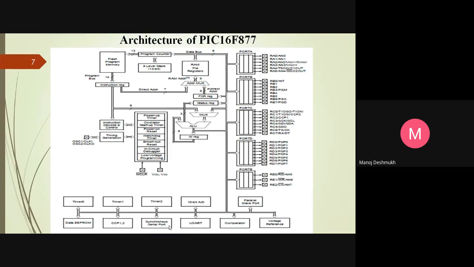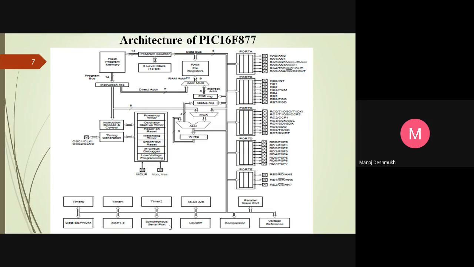You should mention either I2C and SPI separately, or mention the synchronous serial port or SSP, as we have seen in the features. After that, USART, that is universal synchronous asynchronous receiver transmitter. As we have seen, in the case of 8051 only UART is there. Here both are supported by the PIC microcontroller, asynchronous as well as synchronous. That's why the USART block is there.